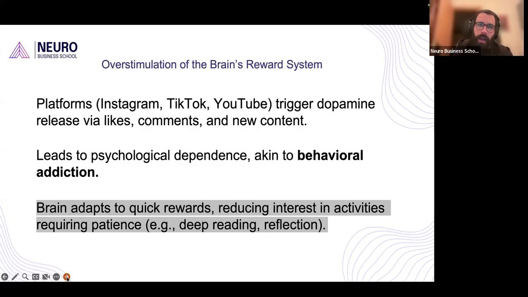So for us it is easier maybe to play a video game that is constantly delivering rewards, but we are not able to watch a movie straight, two hours long or maybe more, without checking the notifications of our phone. So we are constantly thirsty for this kind of constant reward, constant new elements that make us release dopamine here and there, constantly.